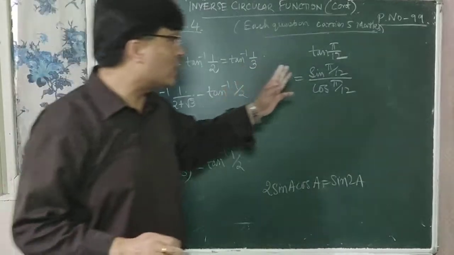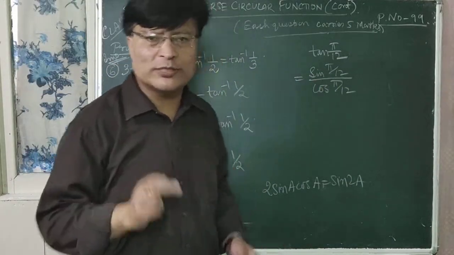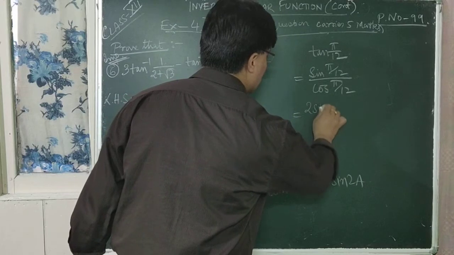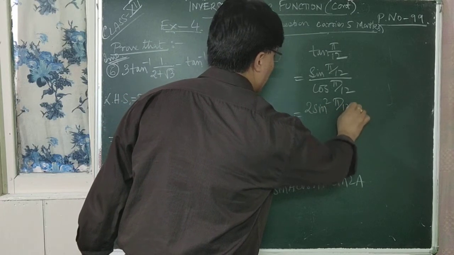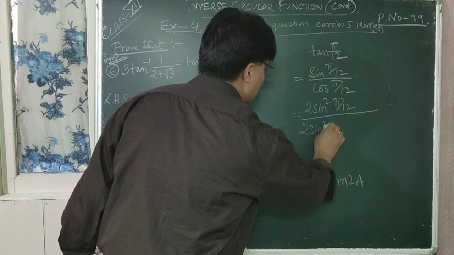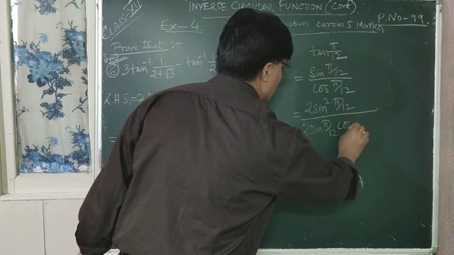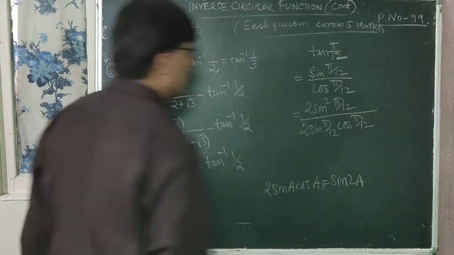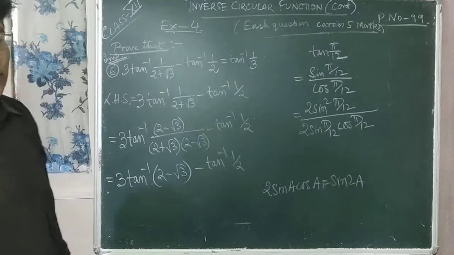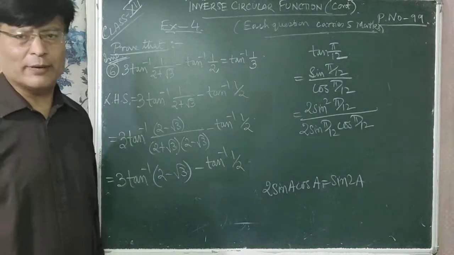Okay? That means you have to multiply and divide by 2 sin pi by 12. Okay? So which is equal to 2 sin square pi by 12 divided by 2 sin pi by 12 cos pi by 12. That means we are multiplying both the numerator and the denominator by 2 sin pi by 12.